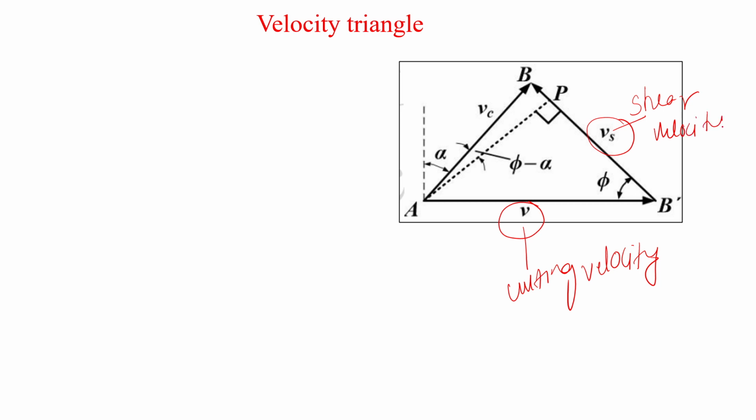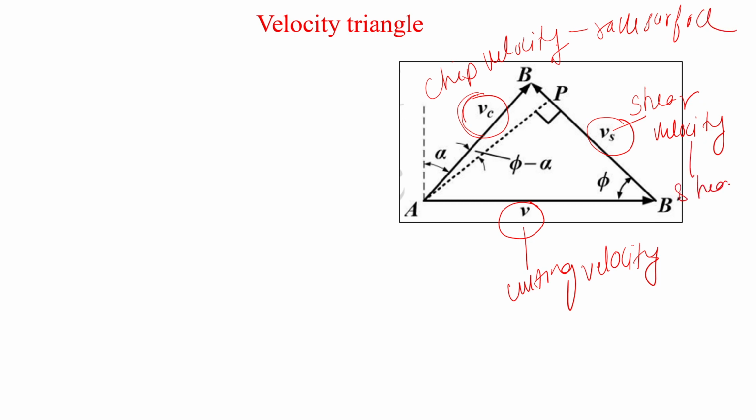This is the velocity at which the chip flows on the shear plane, and this Vc is the chip velocity. It is the velocity at which the chip flows on the rake surface. And this one is on the shear plane.